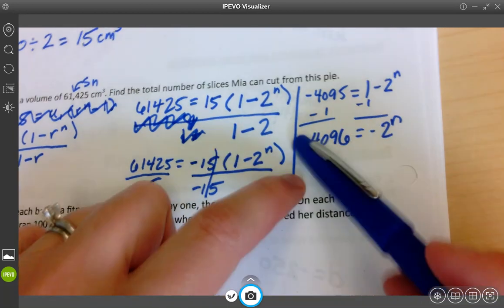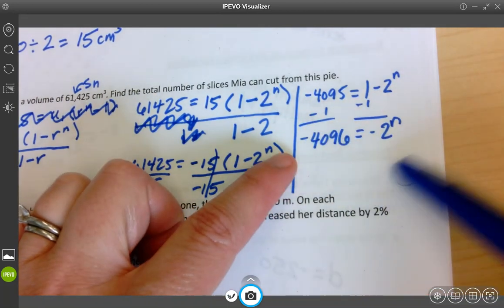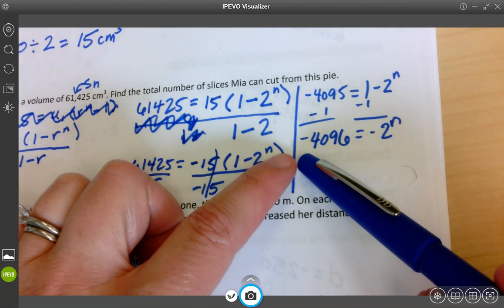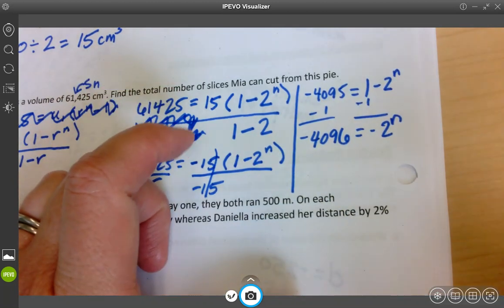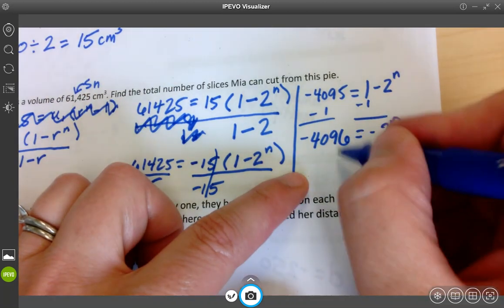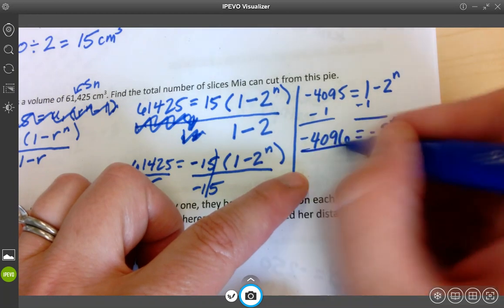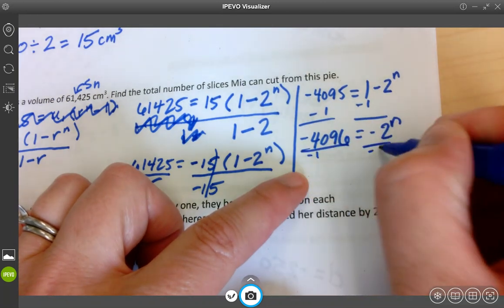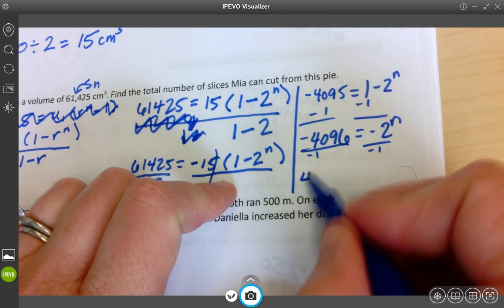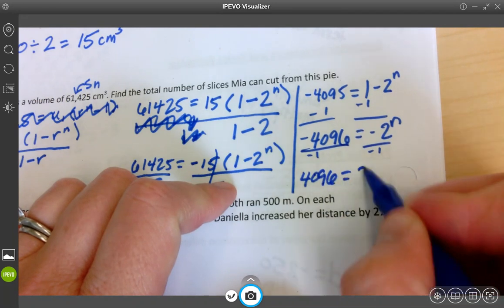Okay, so I could add to each side, moving this over here and this over here. You could do that. I'm probably just going to multiply both sides by negative 1. You could also divide by negative 1, which might be easier to look at. So I get 4096 equals 2 to the n.